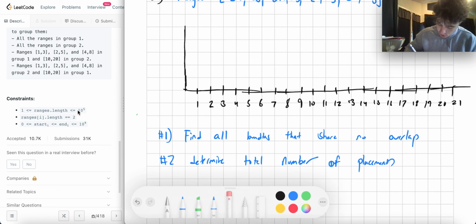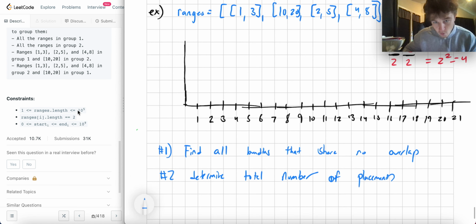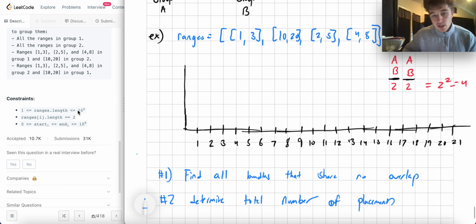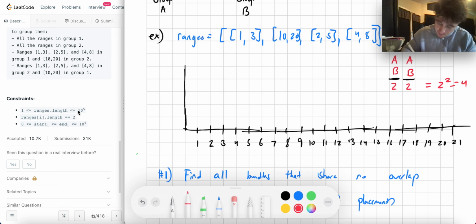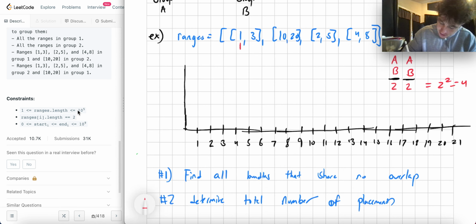What if we just look at things in order of start time? We would look at this one first, and then this one, and then this one, and then this one.